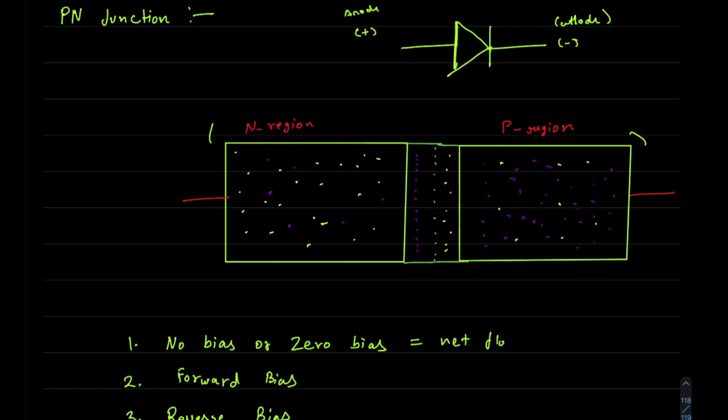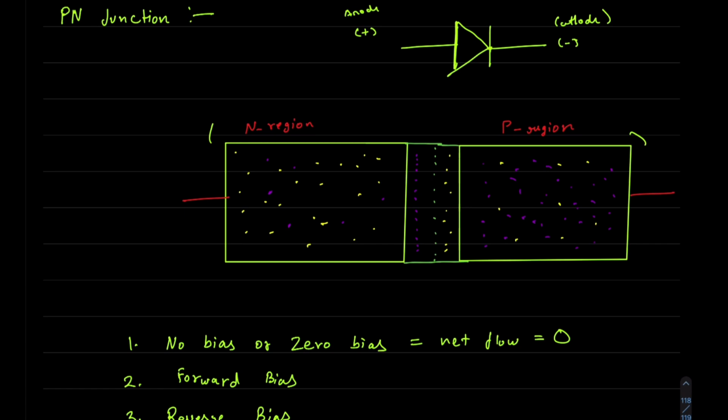Net flow is zero because we are not applying any external voltage across this diode. So the electrons by themselves won't be able to cross the potential barrier that has been made, they won't be able to cross this depletion region. Now, to do that, we need to move on towards forward bias.